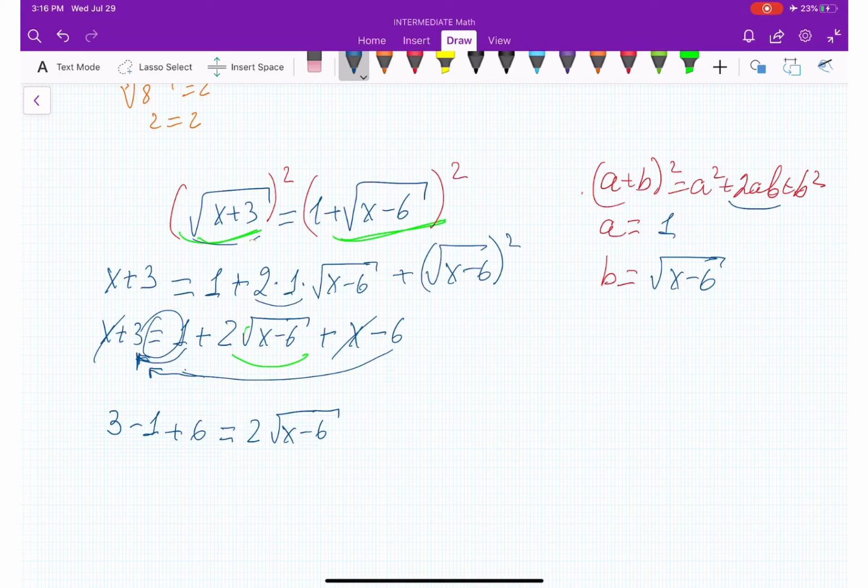Now, just in case somebody asks, how did I dare to separate 1 from this square root, when I said you have to square all together? It's one thing when I have a plus b equals c, so I can move terms to this side.